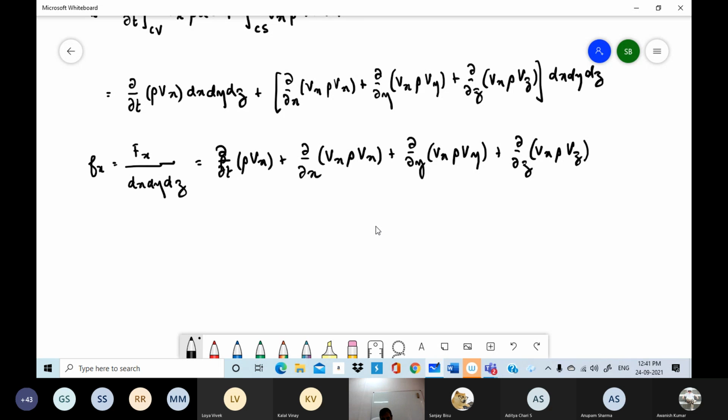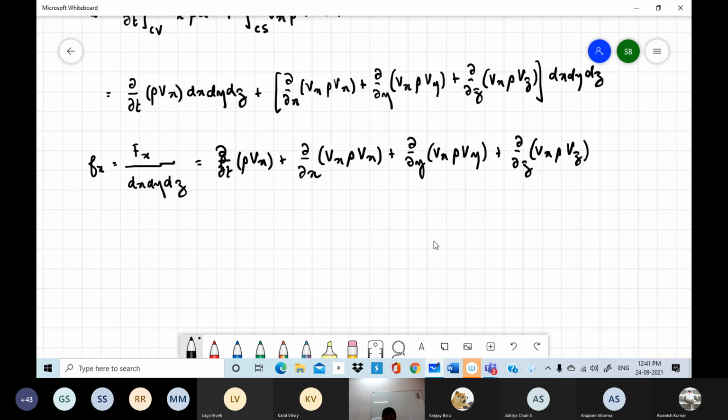Now, just looking at this expression, it seems similar to what we had for the continuity equation.